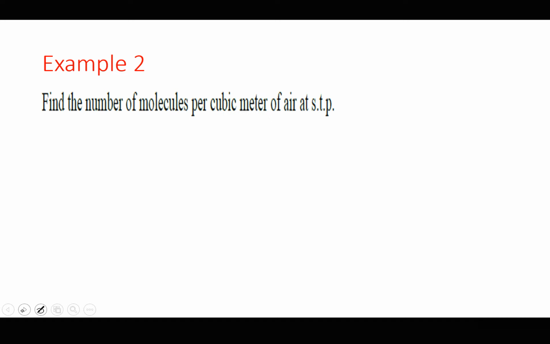Example number 2. Find the number of molecules per cubic meter of air at standard temperature and pressure. So we know the standard temperature, we know the standard pressure. We want the number of molecules per cubic meter of air at standard temperature and pressure.